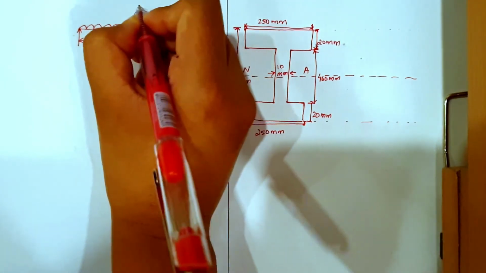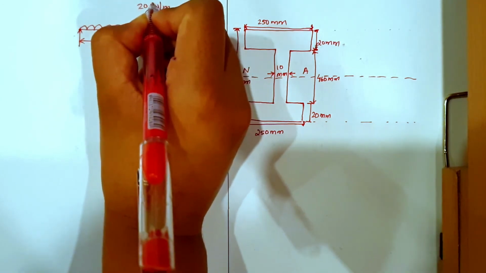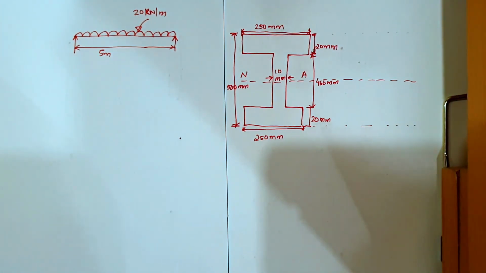The intensity of UDL is equal to 20 kilonewton per meter, right? Here we are asked to find the magnitude of maximum bending stress induced, and then after that we need to sketch the stress distribution diagram.